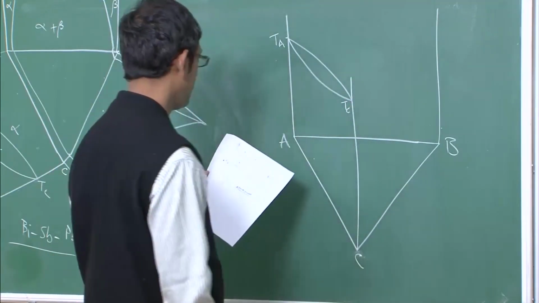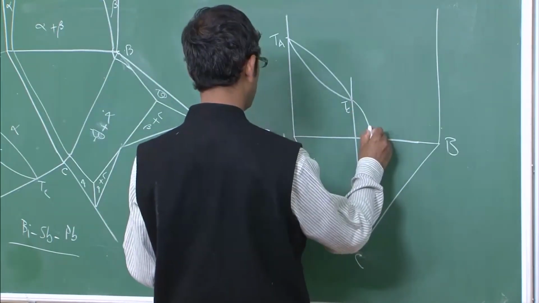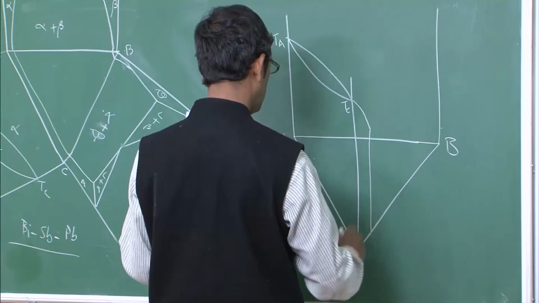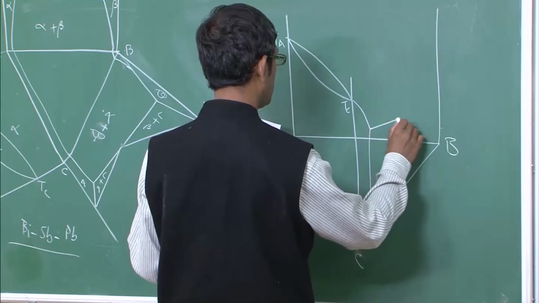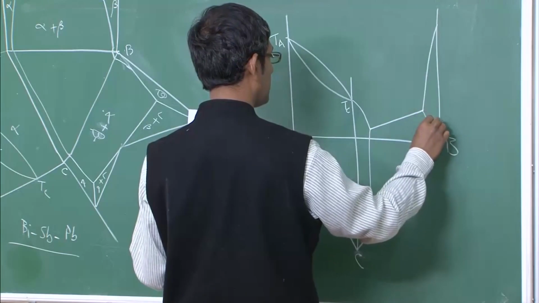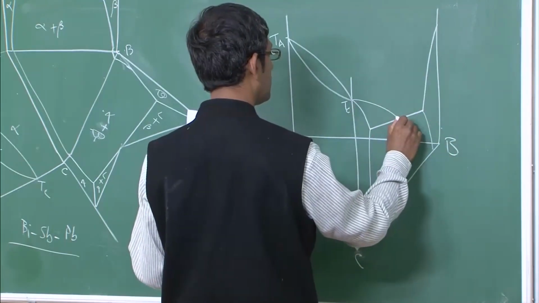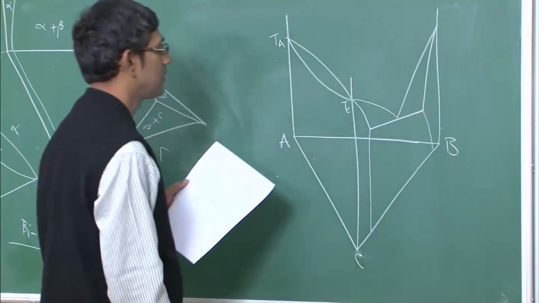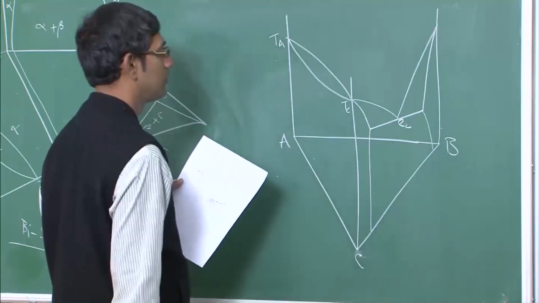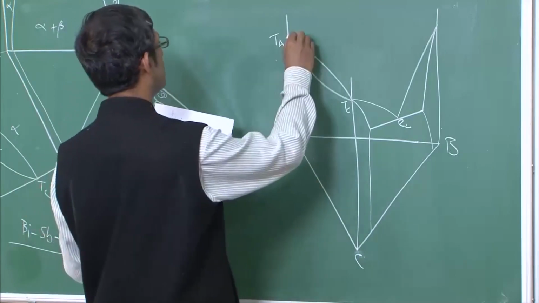Now, between B and C there is a eutectic. This is the eutectic, and this eutectic will be marked as E2, and then between A and B there is a eutectic.